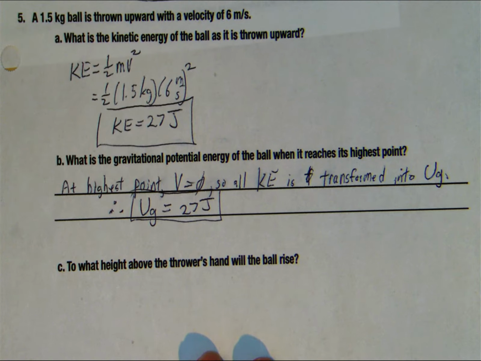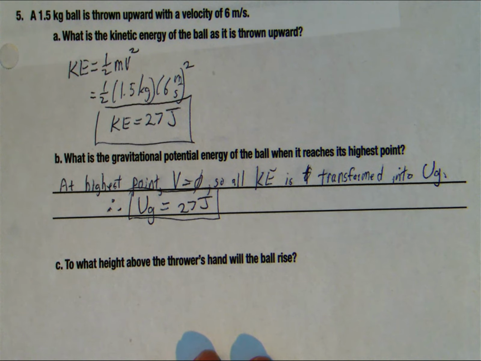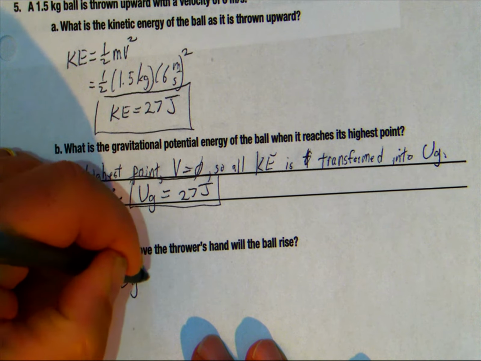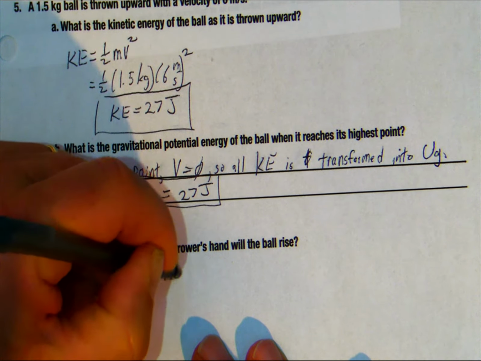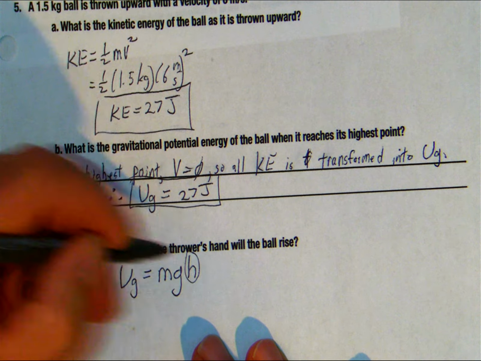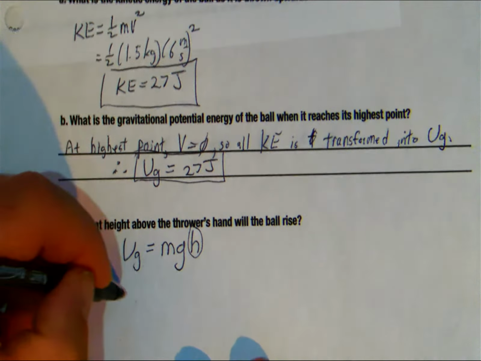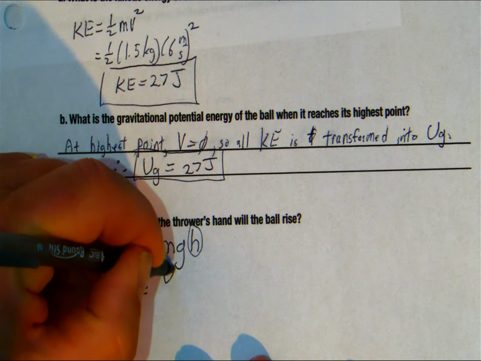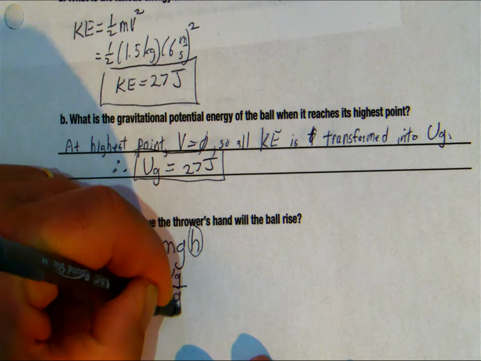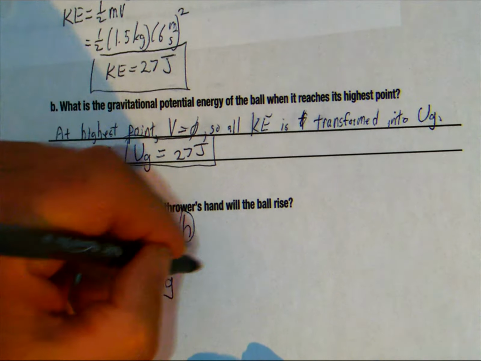Part C, to what height above the thrower's hand will the ball rise? Using energy methods, we're taking the formula for gravitational potential energy and rearranging the equation to solve for height. Height would be the gravitational potential energy divided by the mass divided by the acceleration due to gravity.